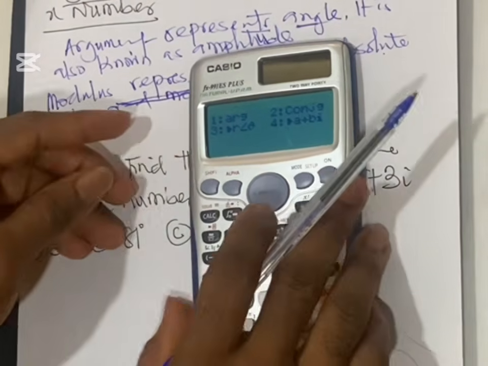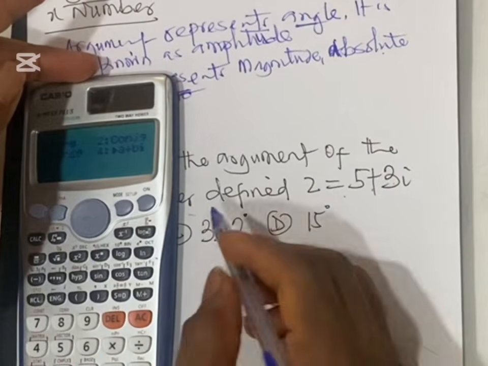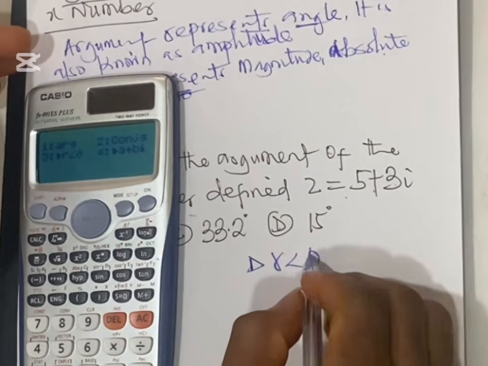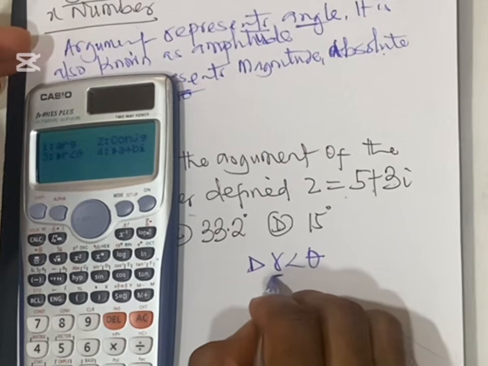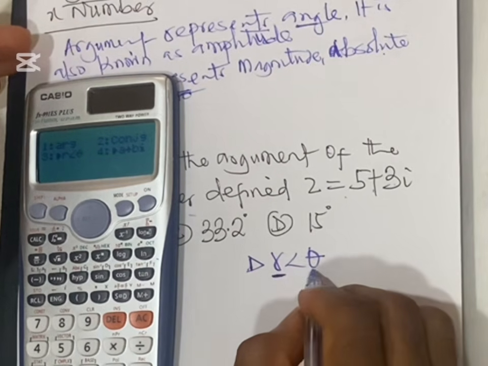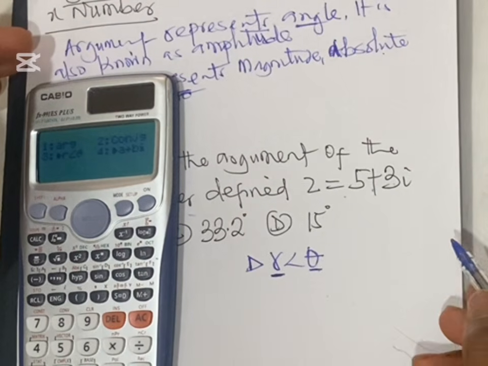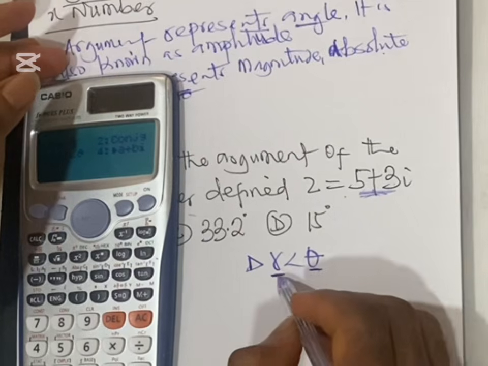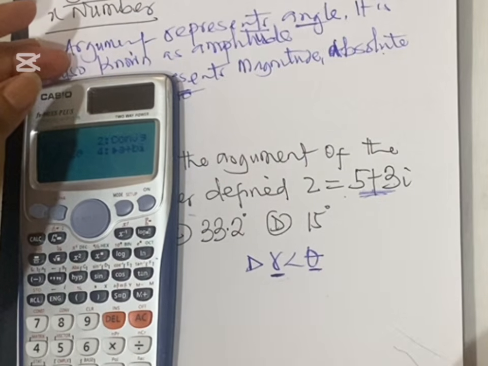So class, this symbol here is taking the part of magnitude or absolute value. This part here is taking the part of angle. So we are converting this rectangular form or standard form to polar form. We call it polar form.